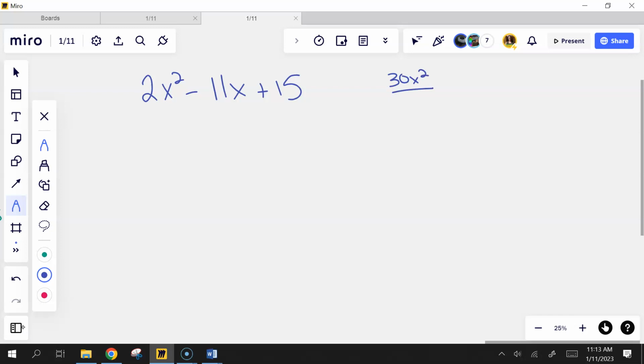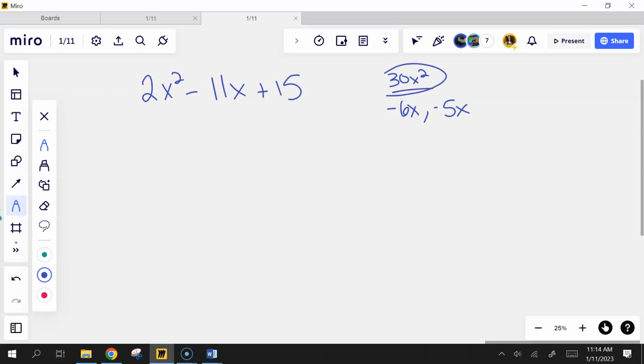Here's where you have to be careful because I got some sign issues here. I have to have two things that multiply to 30x squared, but what do they need to add to? Negative 11x. Negative 6x. Negative 5.